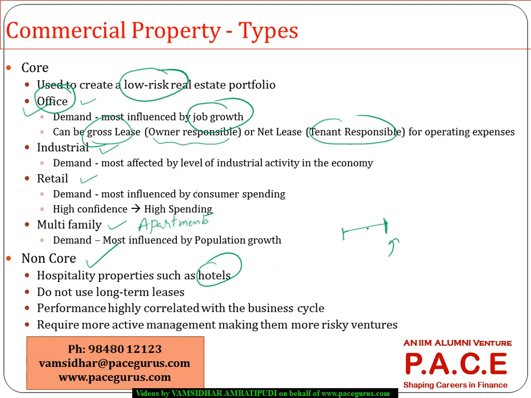The performance side is very much subject to the business cycle. When the economy is doing well, when jobs are plentiful, when a lot of tourists are coming in, there is a demand, but in off season the demand might go down quite drastically. So investment in these kinds of properties generally is treated as a high risk investment.